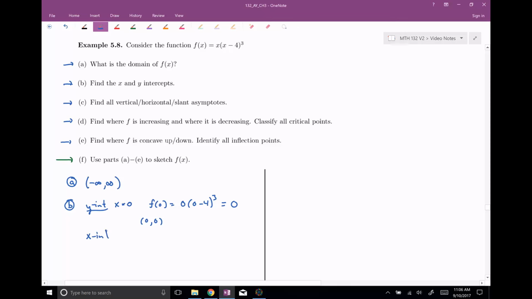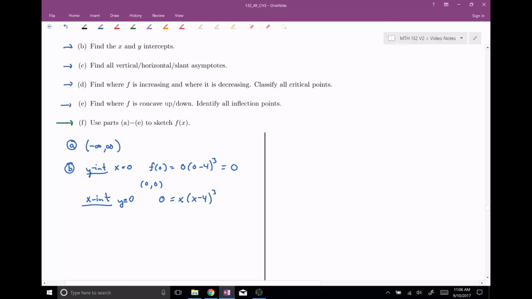The x-intercept is when y equals 0, or when the function equals 0. Another equation for the x-axis is y equals 0. So if you set up the equation 0 equals x times (x minus 4) cubed and solve this, you see that either x itself is equal to 0 or x is equal to 4.